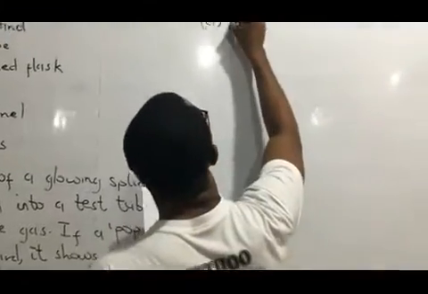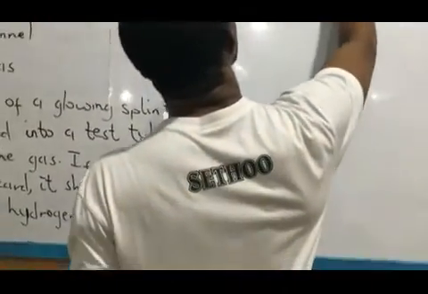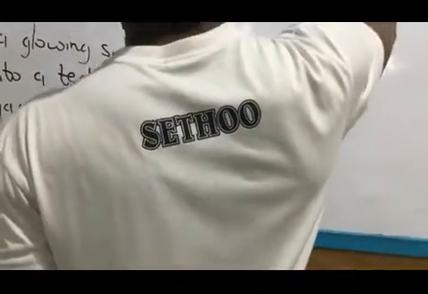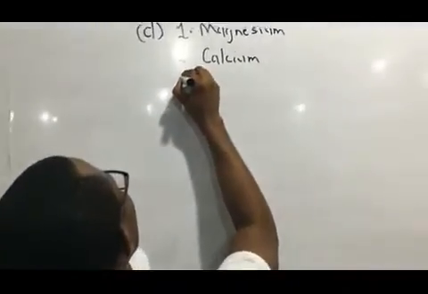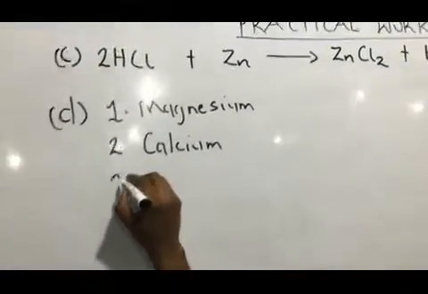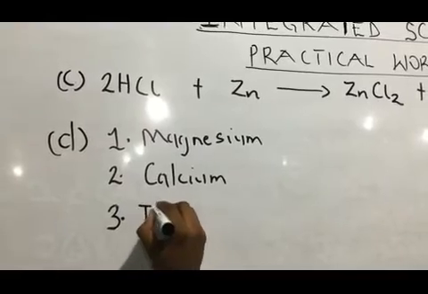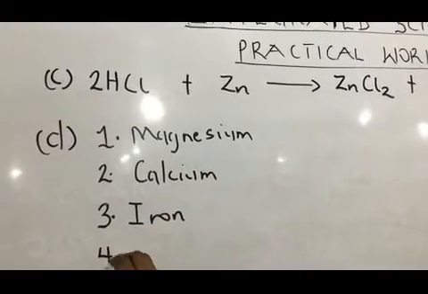So you can use magnesium, calcium, iron. Can we add aluminium?